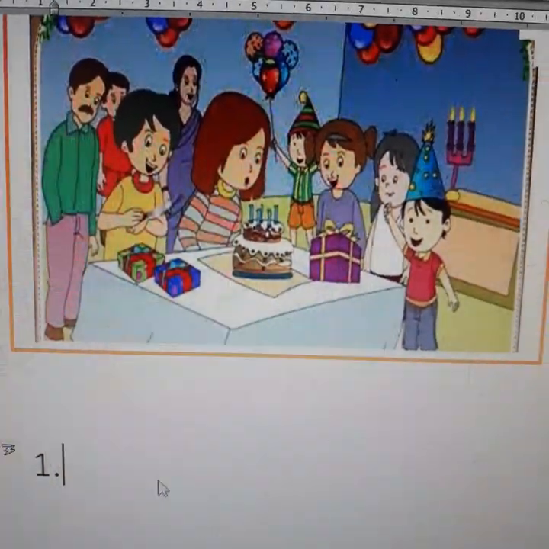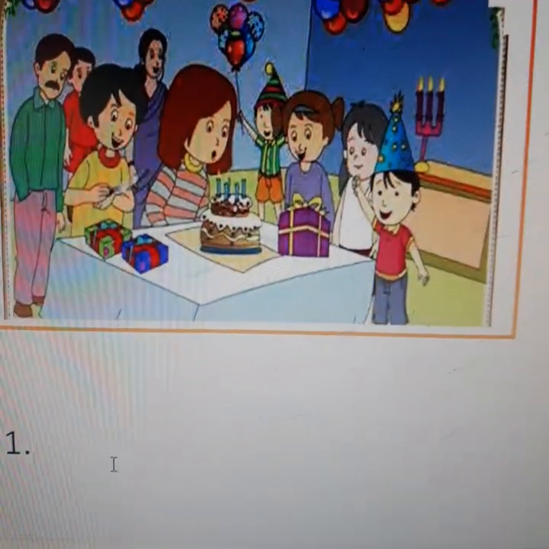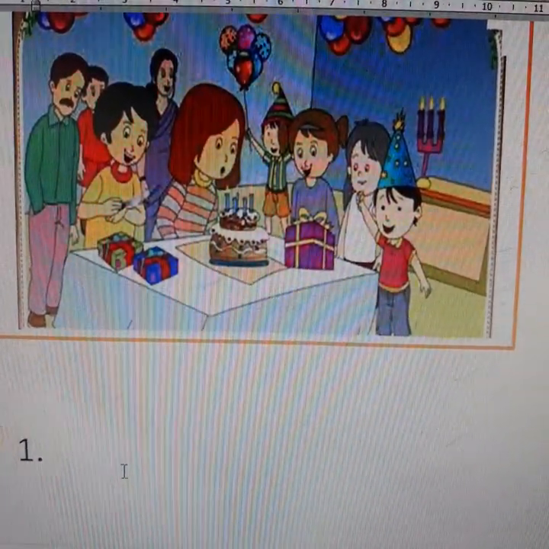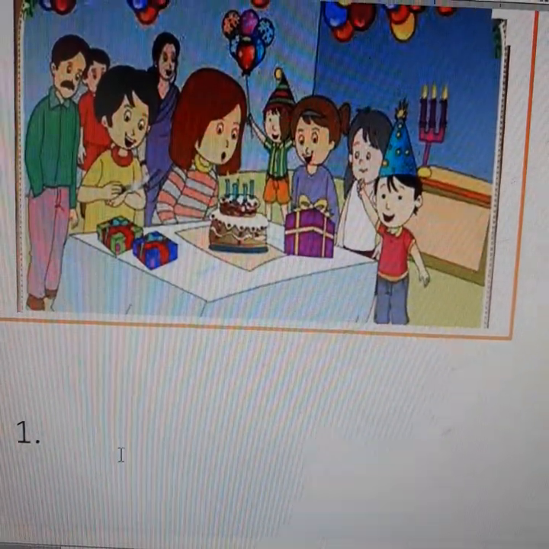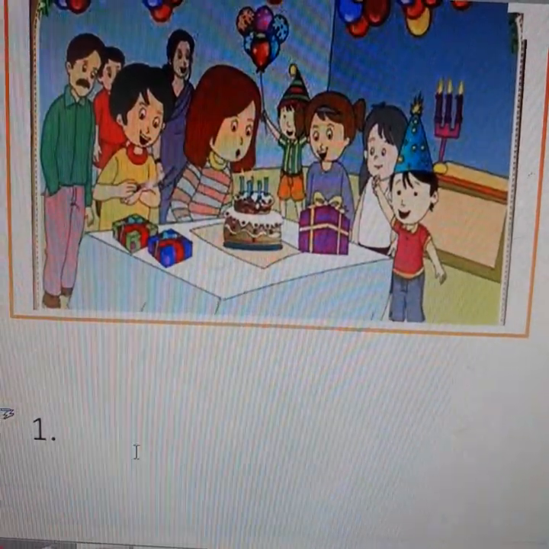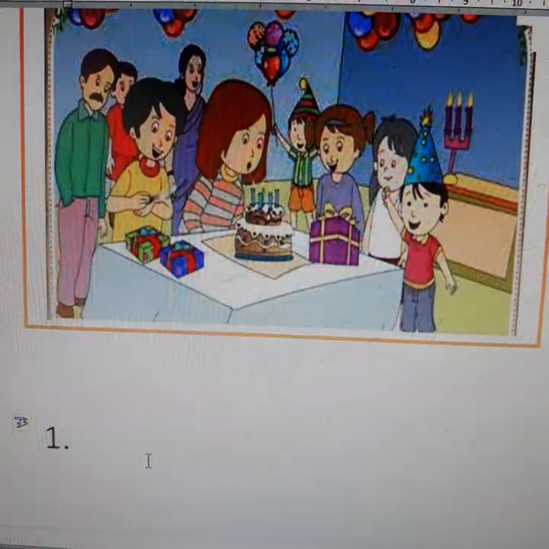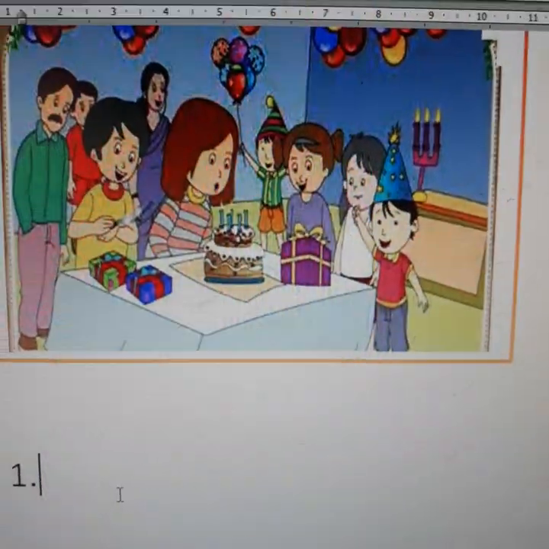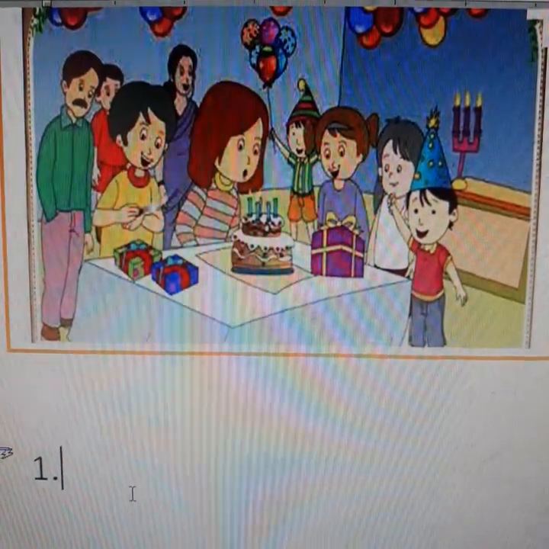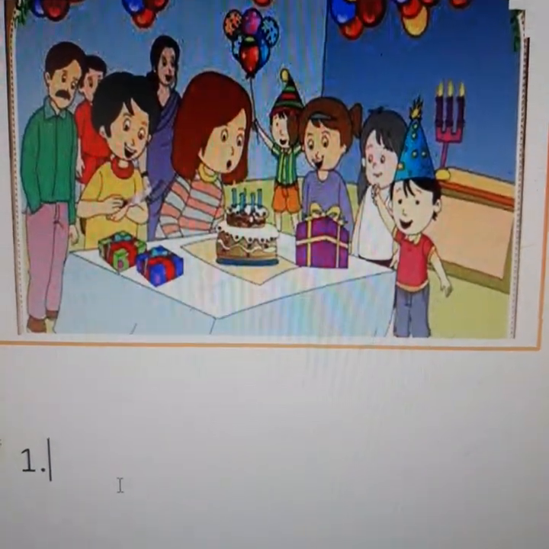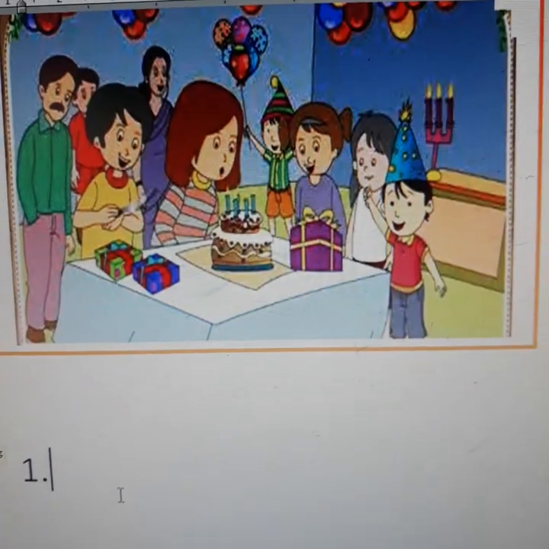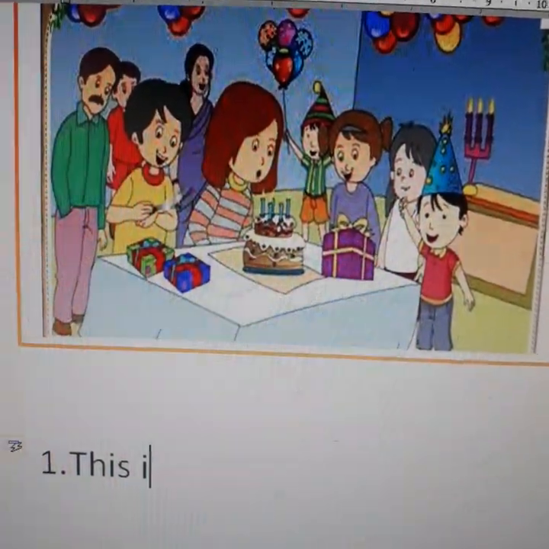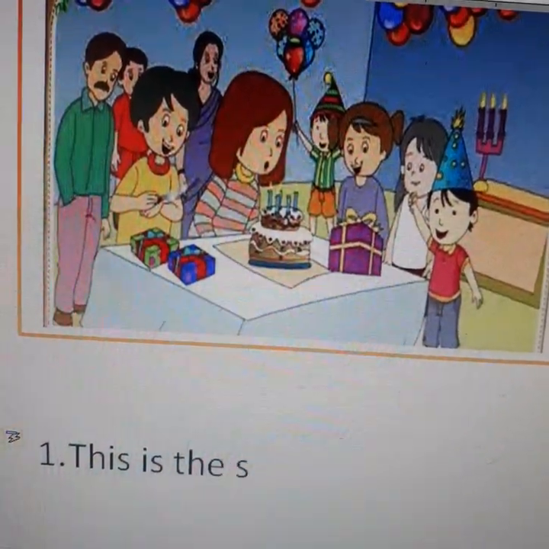Number one, I have already told you that whenever we do picture composition, you must explain about the scene. Like, this scene belongs to what? For example, here you can see this is the scene of a birthday party. Your first sentence should be telling about the picture, what the picture is all about. So here you can write that this is the scene.